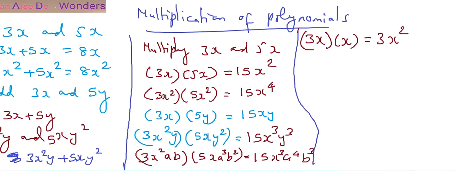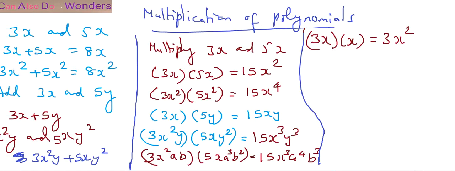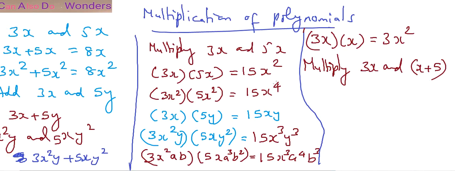Now let's see how to multiply a monomial, let's say 3x, and x plus 2y or x plus 5. How to multiply these two?